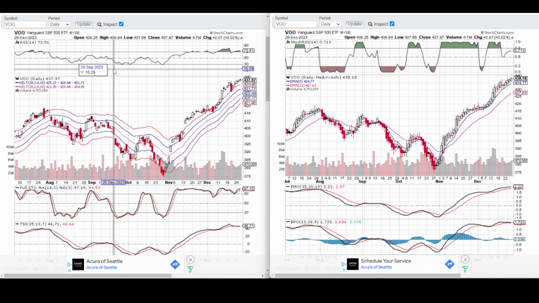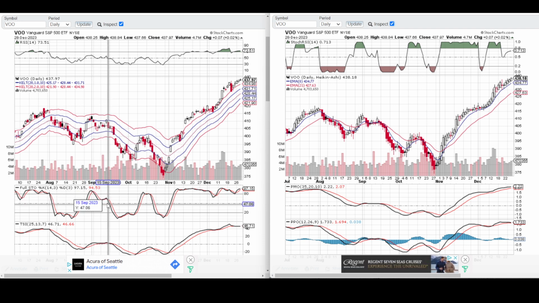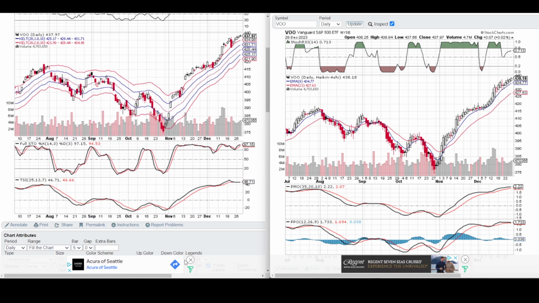So I'll put it right here about where the trend started downward. You can see right here in the stochastics where the black line crossed down below the red. That's one indicator right there. And the same thing happened just a little bit later with the TSI.